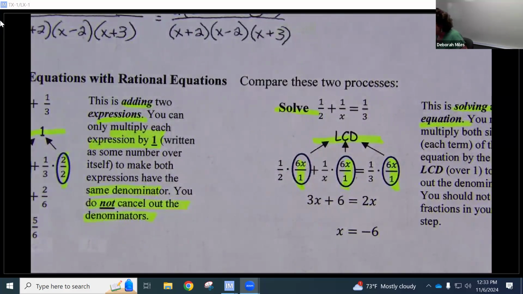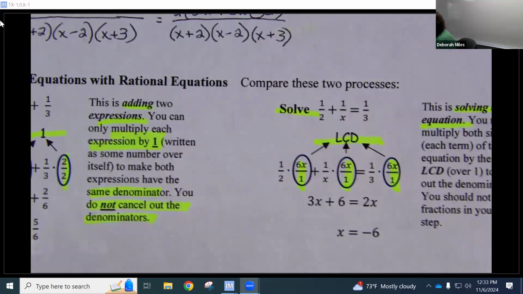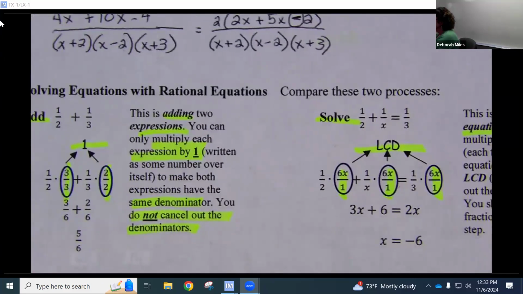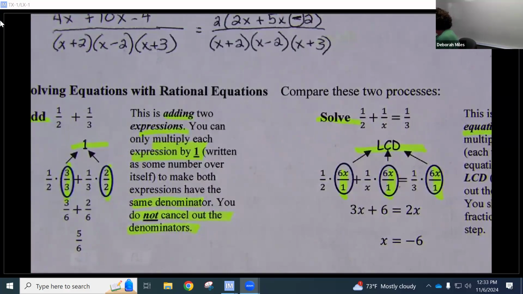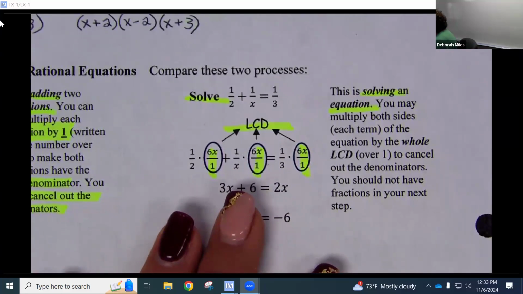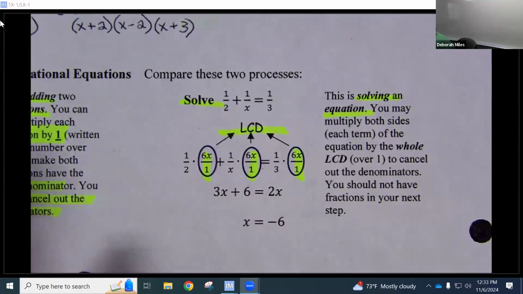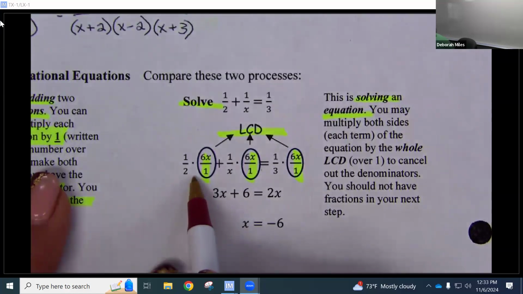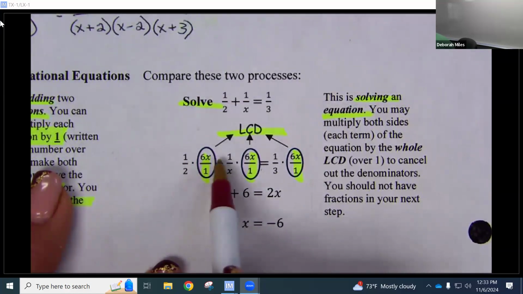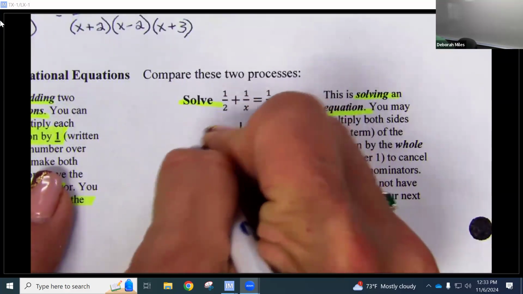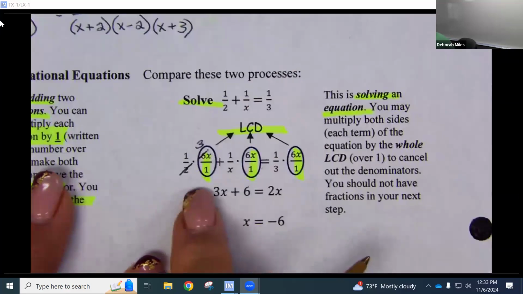And when you get home tonight, before you start the homework, I want you to look at these 2 examples again and say to yourself, expressions don't have equals. I can only multiply each fraction by 1. Equations do have equals. I can multiply every term by the whole LCD. And what that allows me to do in this first term, since that 6 is a factor, it's multiplied by x, not added, I can say 2 goes into 6 3 times.